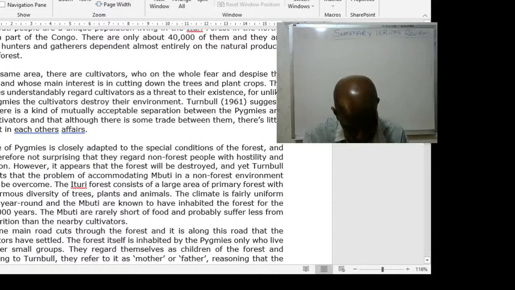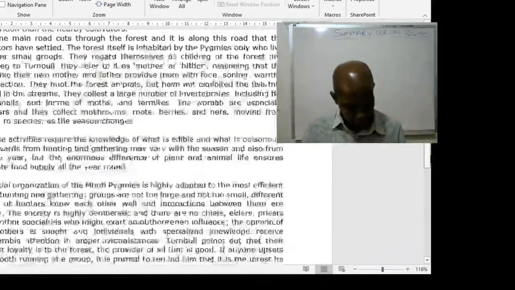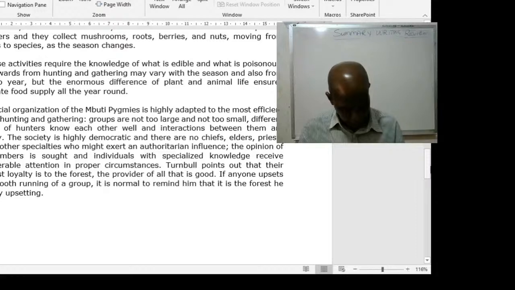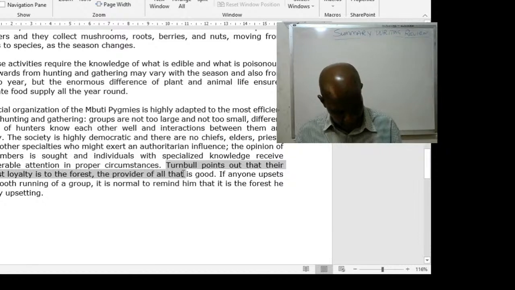Then move down the same passage. Go to the bottom of the second last paragraph, the paragraph that begins with social organization of the pygmies. In that last section of that paragraph, you are told that Turnbull points out that their greatest loyalty is to the forest, the provider of all that is good.